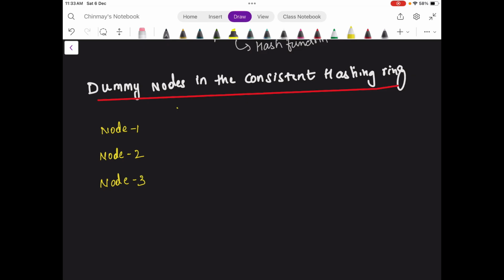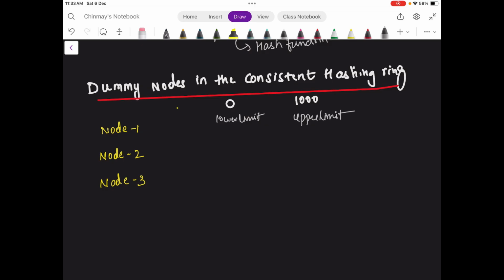Our limits are 0 and 1000. 0 is the lower limit, 1000 is the upper limit.